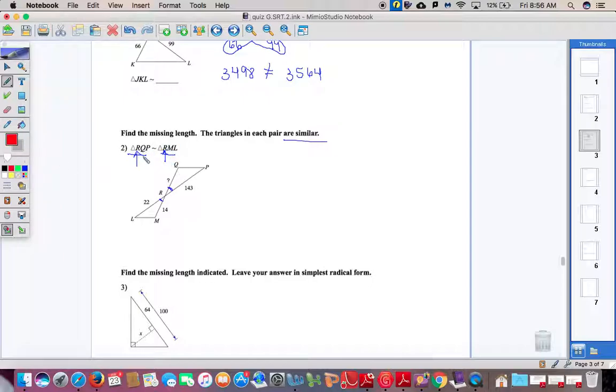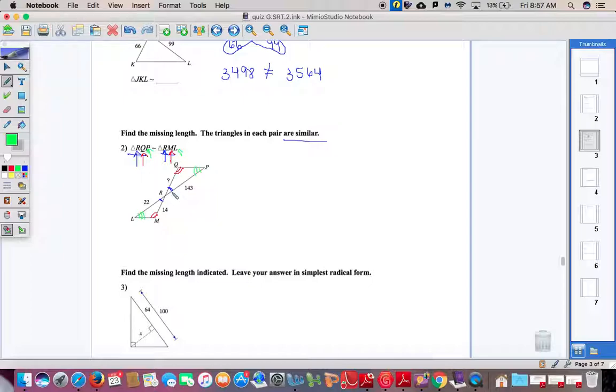We know that Q and M, so I know that these two angles here are congruent to each other. And then we know that P and L, because they're in the last location here.